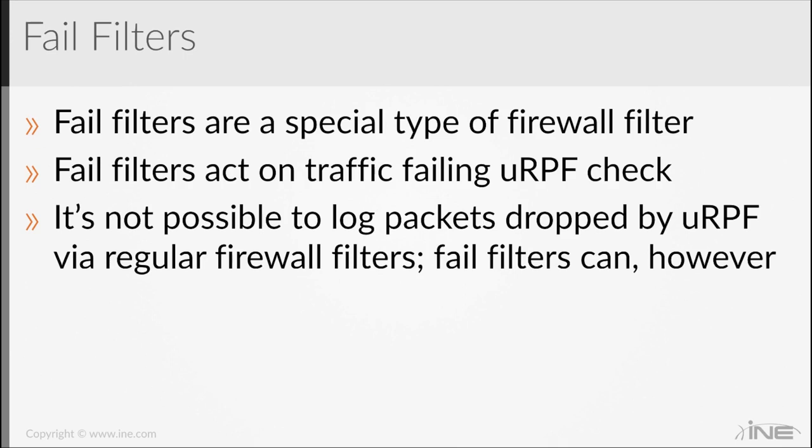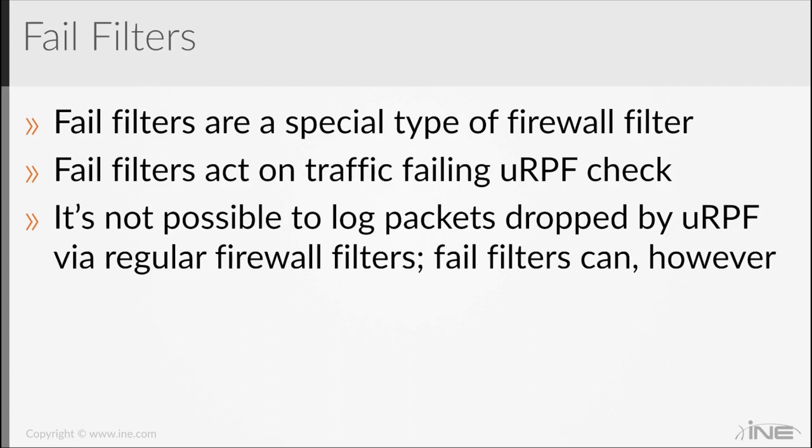Now it's important for you to know that, for administrative purposes, you might want to log packets even if they're dropped by URPF. But if you're trying to make a counter, for example, or log those packets via a regular firewall filter, the firewall filter is not going to log it. Why? Because the URPF check will happen first.